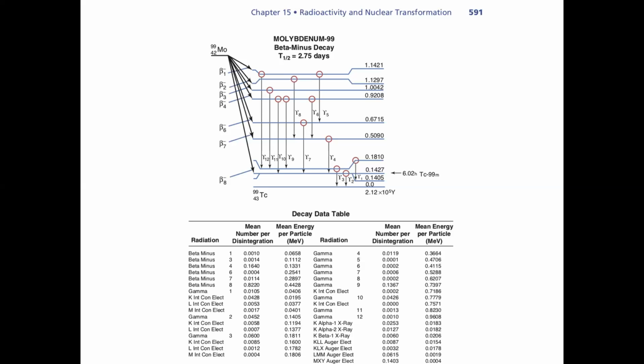When that beta came out of the nucleus, it left that nucleus in a higher energy state than its base state, and there are many possible higher energy states it can be in. Here it's called technetium-99m, which means it's in this higher state, and I think about 80%, or 88% or so, of it is in that state.